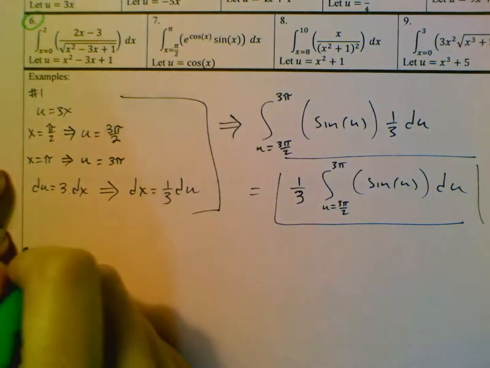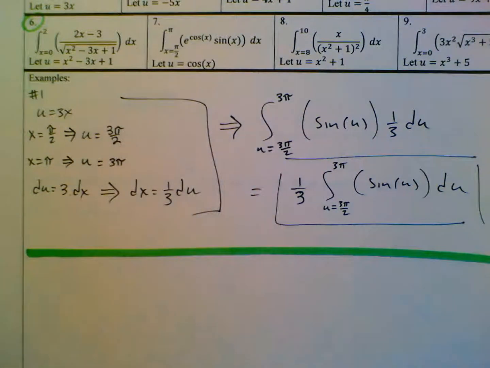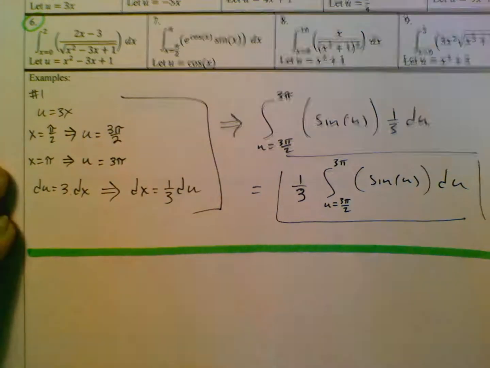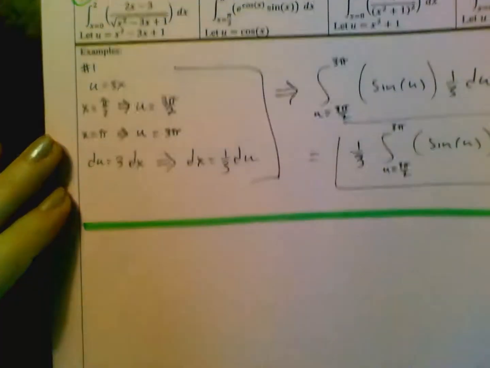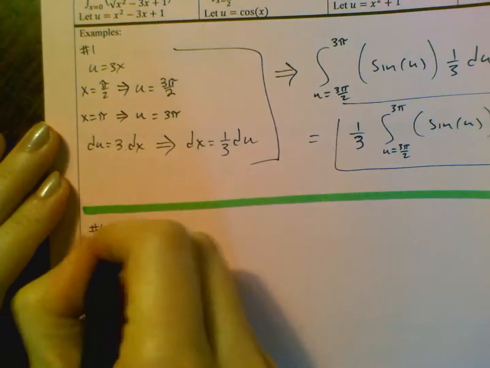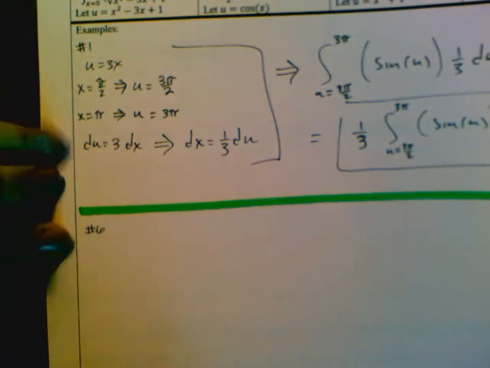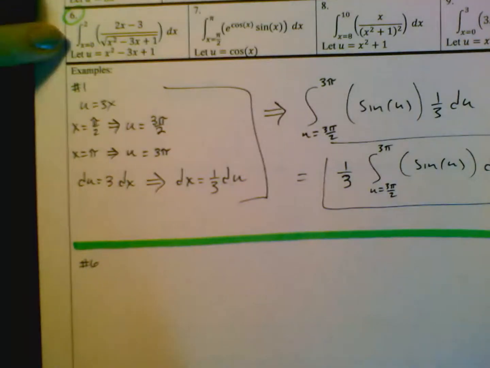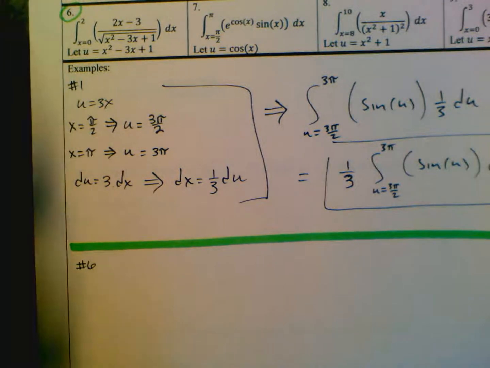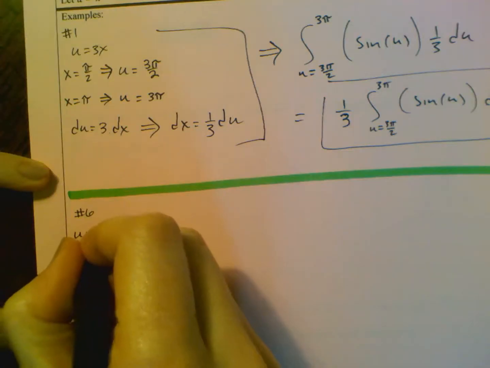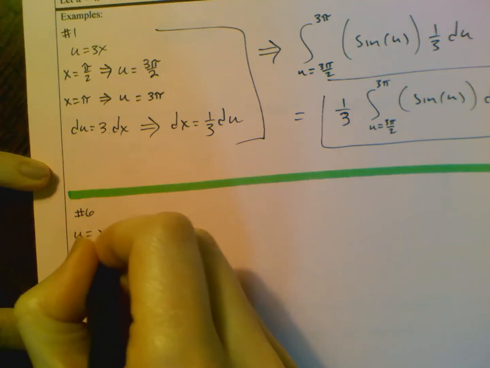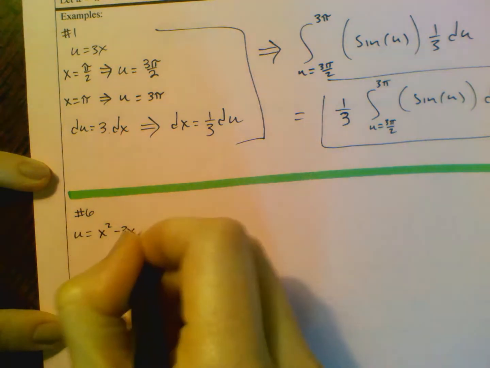Now I'm going to do number 6. Okay, so let me just write the u down. So u is x squared minus 3x plus 1.